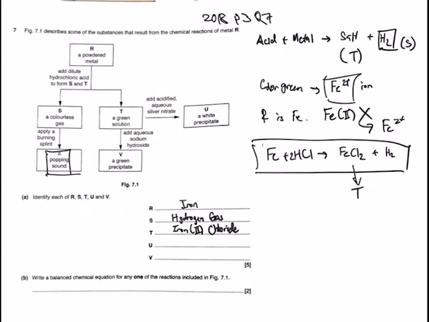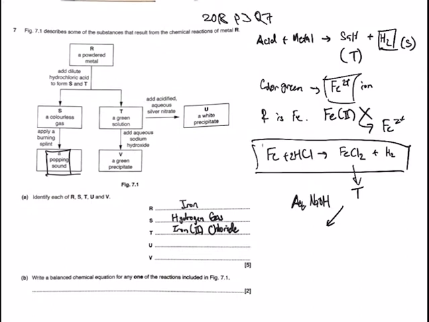T undergoes two different reactions. First, we do the one going downwards. T is added to aqueous sodium hydroxide.